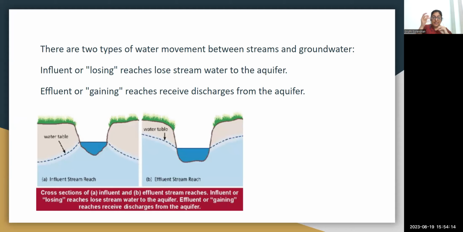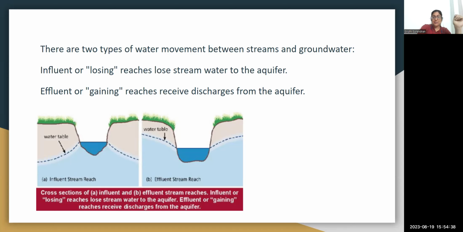So when the water in the stream flows down and recharges the groundwater, then it is called an influent stream. That is, water from the stream is going down into the ground, supplying water to the groundwater. Now, the other way around, when groundwater supplies water to the stream, those are called effluent streams.